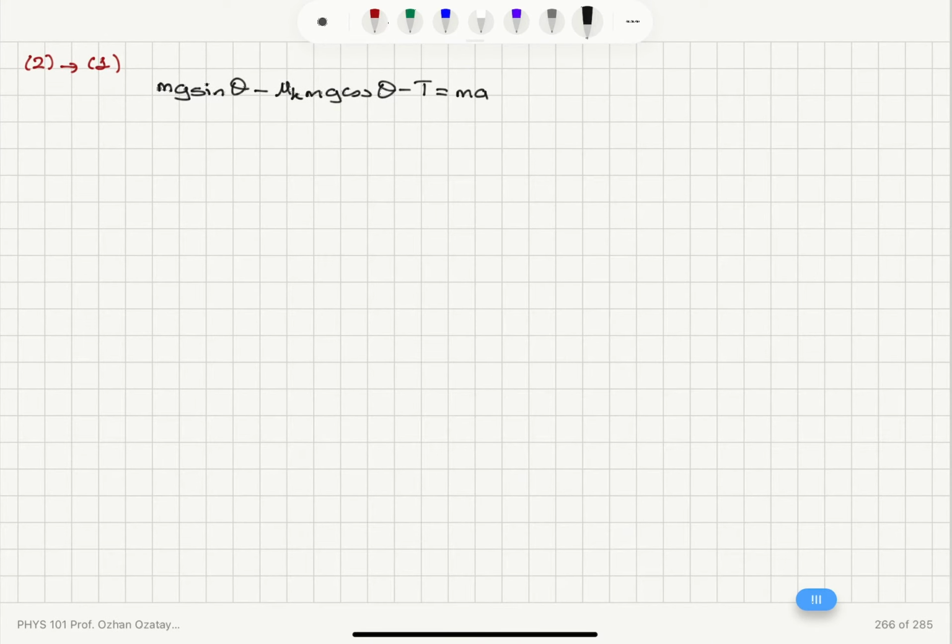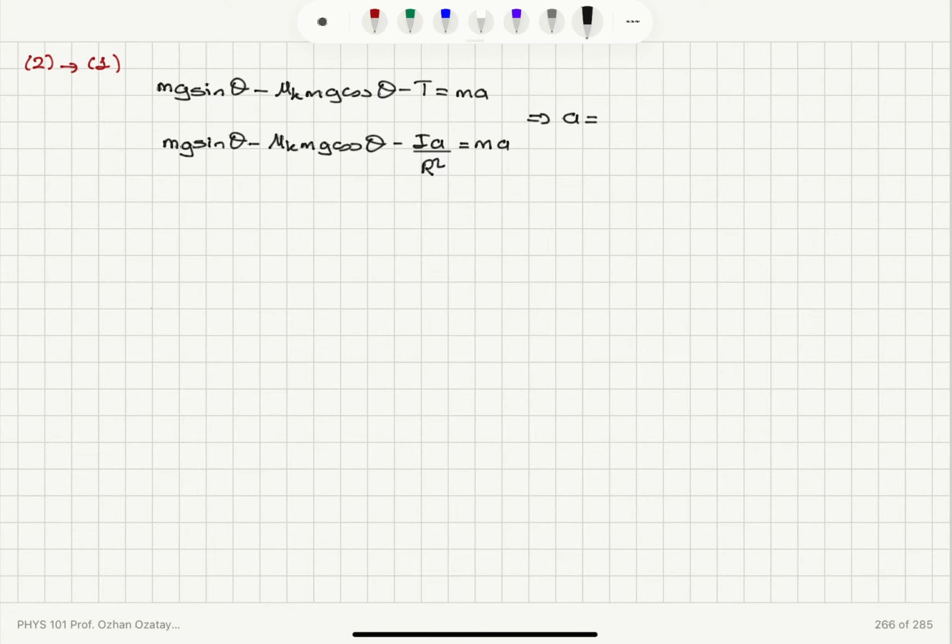And for the tension, I can substitute Ia over r squared, so it's mg sine theta minus mu k mg cosine theta minus Ia, the result I obtained from the torque equation, equals mass times acceleration.